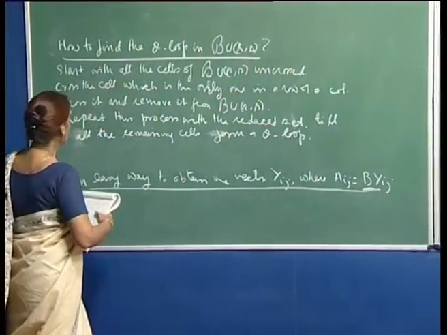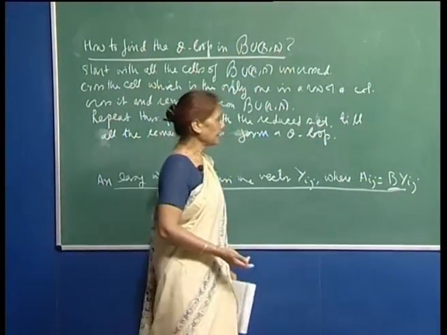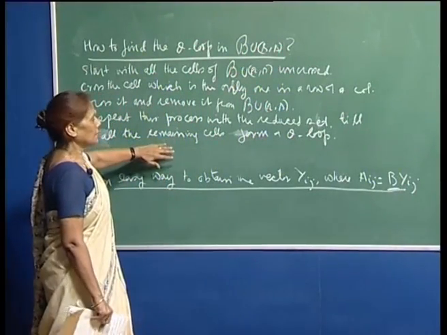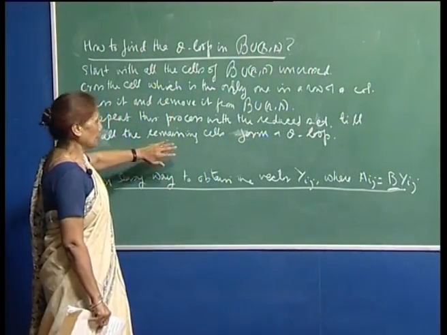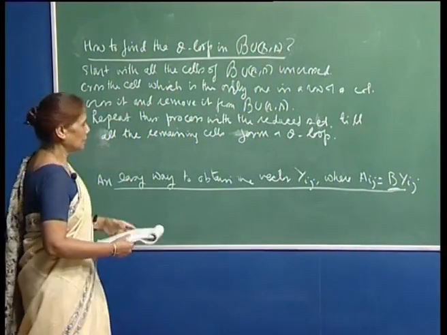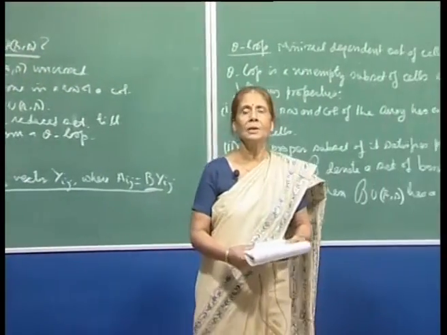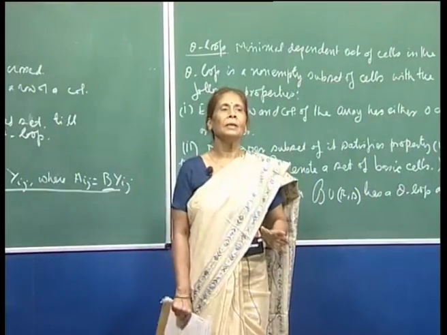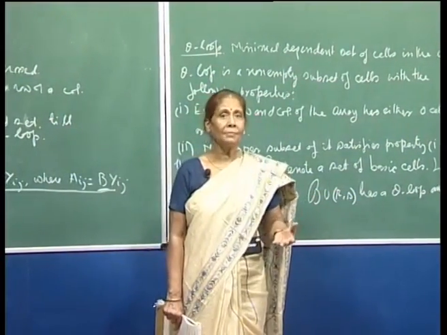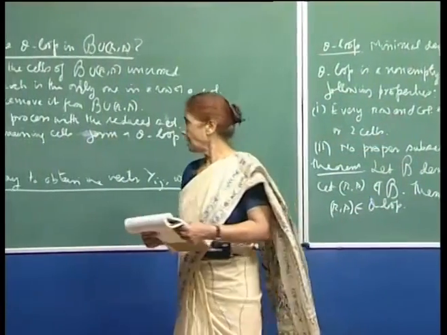But okay, now when you are doing small problems by hand, you may actually just use an ad hoc method to locate a theta loop, but otherwise this is the way to do it. And for very large problems, when you have hundreds of rows and hundreds of columns, then a regular labeling algorithm is used for locating a theta loop, because that itself will require a lot of effort and you want to streamline it so that you do not spend too much time.